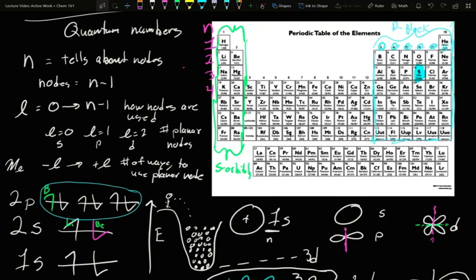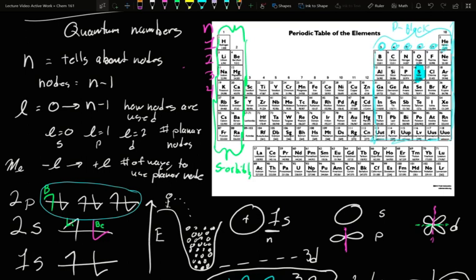Each orbital is just a shape that an electron can take that is stable within the standing wave bounds around the nucleus. There are only so many shapes that fit within those bounds.